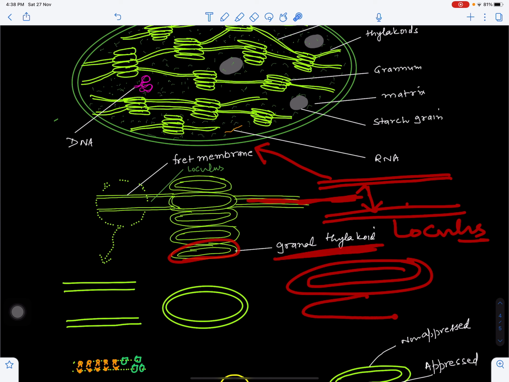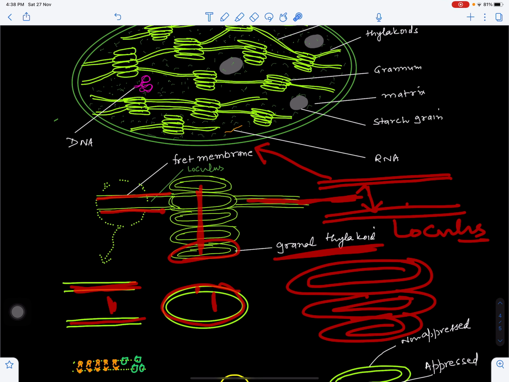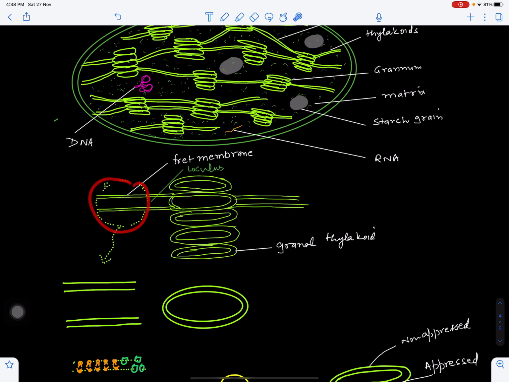And these granum thylakoids are piled upon each other like this. So this is the intergranum thylakoid membrane. This is the granum thylakoid membrane, as well as this is the loculus. This is also the chamber, right? So here it's piling upon each other. So this membrane is called the fret membrane, and this is the loculus part. Now this area has been enlarged to show this structure, and this has been enlarged to show this structure.